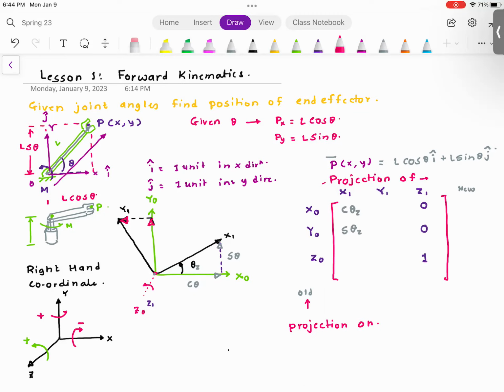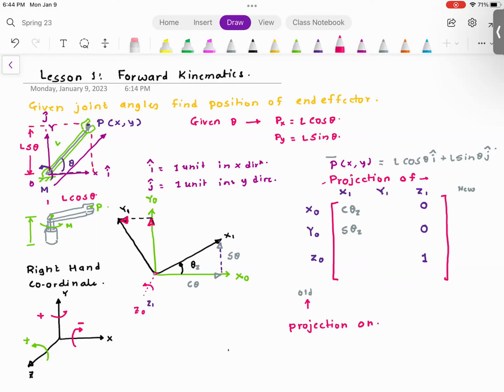Are you okay? Once again. So this is Y1. This is theta. So the vertical projection here is cosine theta, but it's positive. Why is it positive? Because you are going in the same direction as Y0. On the other hand, if you look at this projection, that is sine theta. But this sine theta projection is opposite of X0, so that's negative.